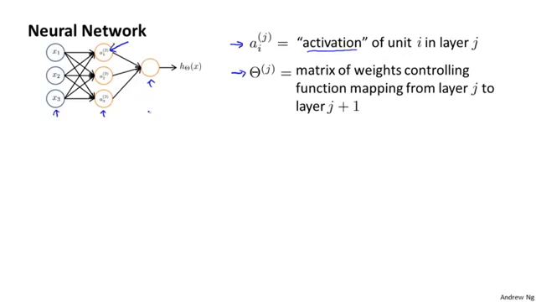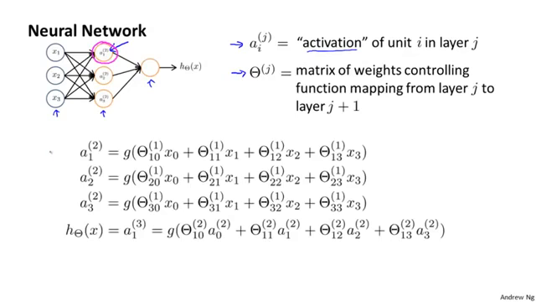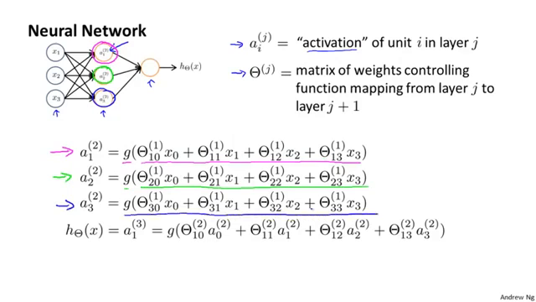So here are the computations that are represented by this diagram. This first hidden unit has its value computed as follows: A21 is equal to the sigmoid function, also called the logistic activation function, applied to this linear combination of its inputs. Then this second hidden unit has its activation value computed as sigmoid of this, and similarly the third hidden unit is computed by that formula.